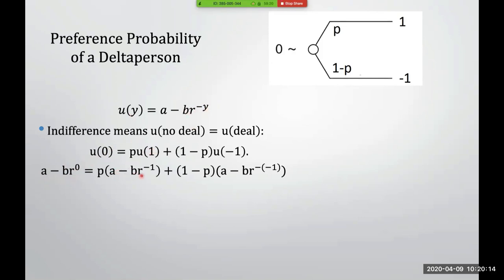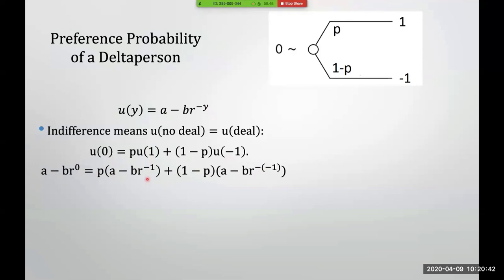That gives us this value, a minus b times r raised to the power of negative y. Here y is 1. Okay, so this expression corresponds to the u value of 1. And then plus 1 minus p times the u value of negative 1. So let's plug the negative 1 over here into the position of y. So this is how we got it.